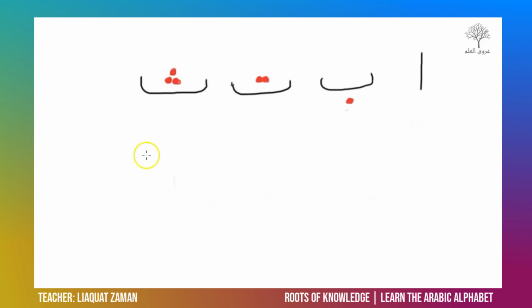We also mentioned the fatha vowel. With a fatha on each of these, the sounds produced are a, ba, ta, and tha.